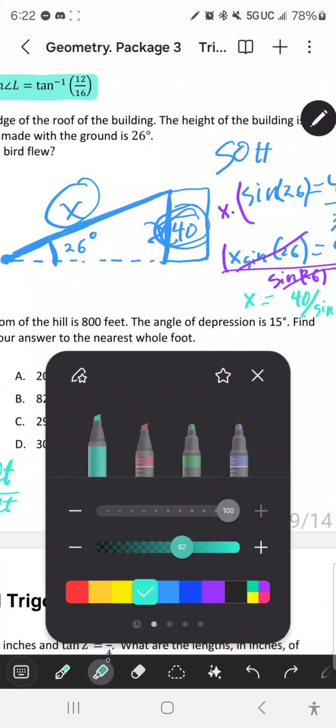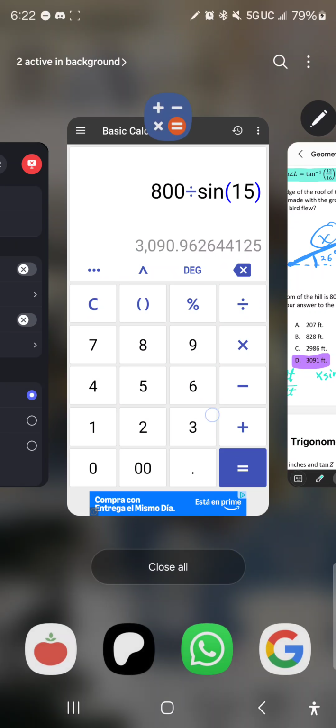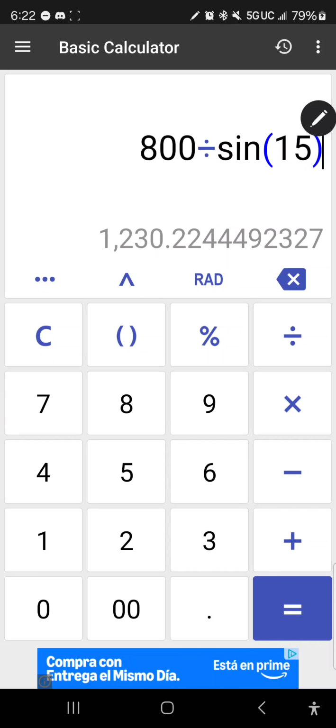Something important I want you to remember: the number changes because there are two types of angle measures, degrees and radians. Radians is something you're going to worry about later. For now, you just need to make sure you're working with degrees on your calculator, because if not, it can be messed up.